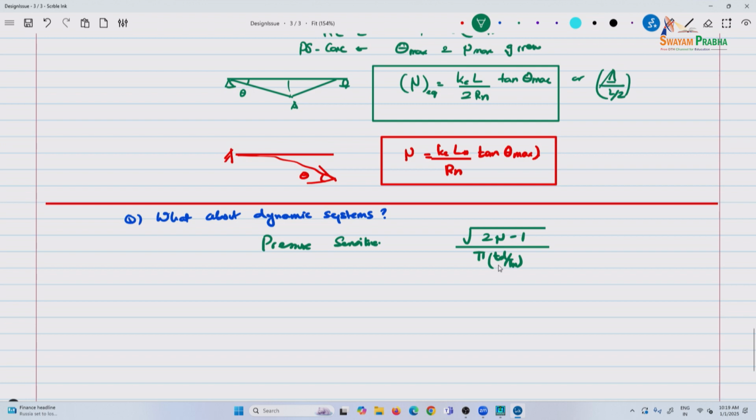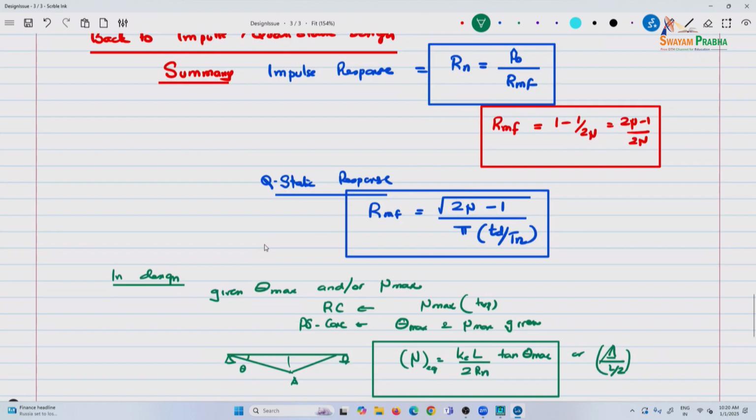Wait, I think it's the other way around, right? Let me check. Yeah, this is impulse and this is the quasi-static.